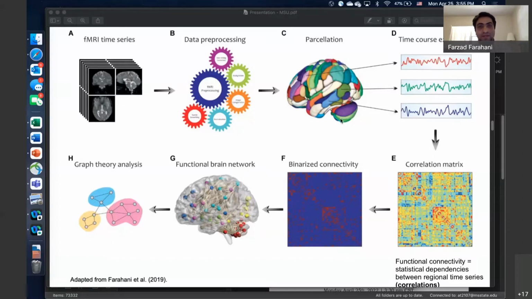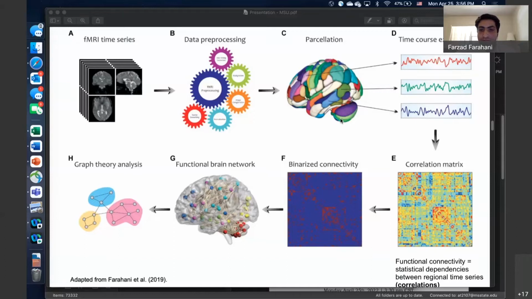In parcellation, we can also increase the signal-to-noise ratio, because subjects are not aligned the same way and there are differences in brain structure. After dividing the whole brain into regions, as you can see in panel C, we can extract a time series for each region, which is the average of the time series across all voxels in that region.